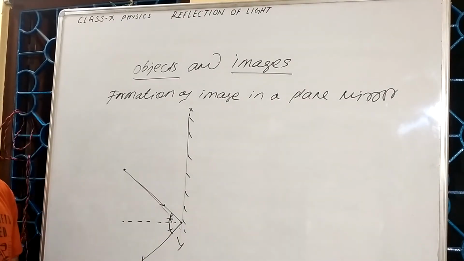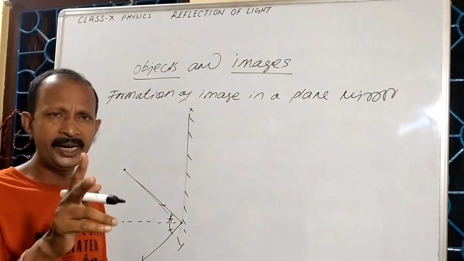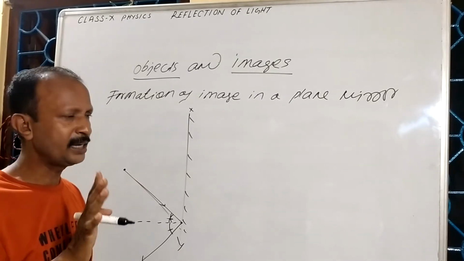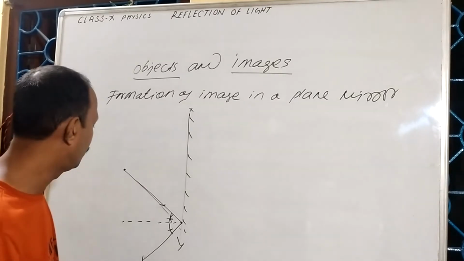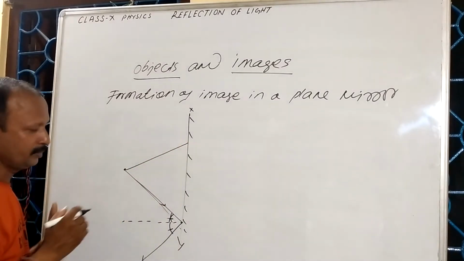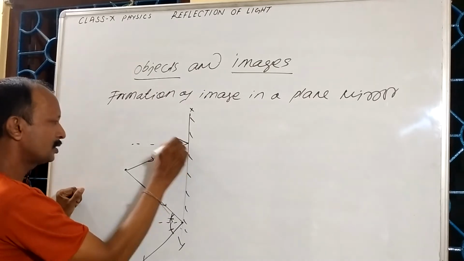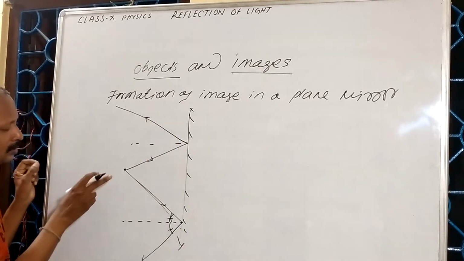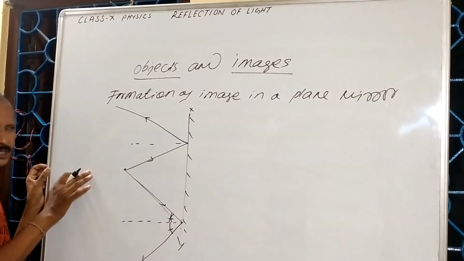From this point object, a number of light rays are coming. But I need at least 2 light rays to get the image of the object, to draw the ray diagram. Suppose one more light ray is coming like this. This is the incident ray, this is the normal, this is the reflected ray. Now, this is the mirror, this is the object, your face is this side.